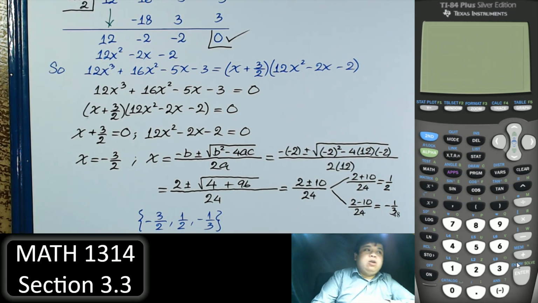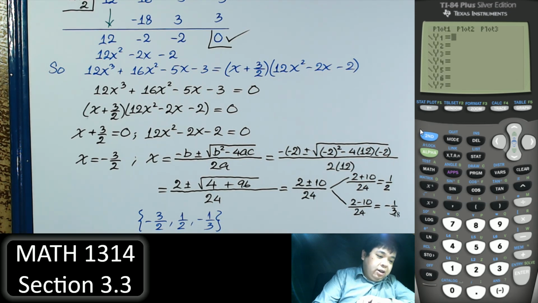Right. So let's check using the graph: 12x cubed plus 16x squared minus 5x minus 3. Of course, I can use the power key, but sometimes just typing x times x times x will be faster.